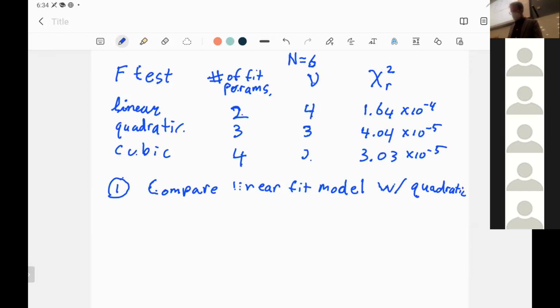We can call the linear one model 1, and the quadratic one, we could call model 2. Okay, so how do we make a comparison? Well, first we calculate the value of the F parameter, and the formula that we had was F of 1, comma, the degrees of freedom in the second model, which is nu 2.